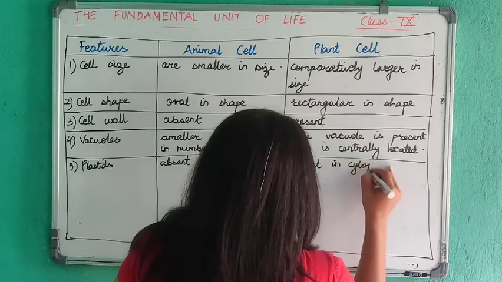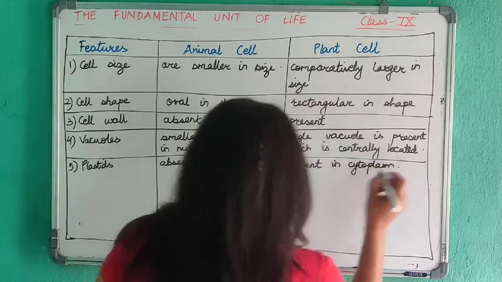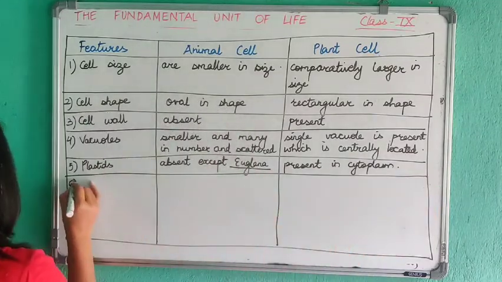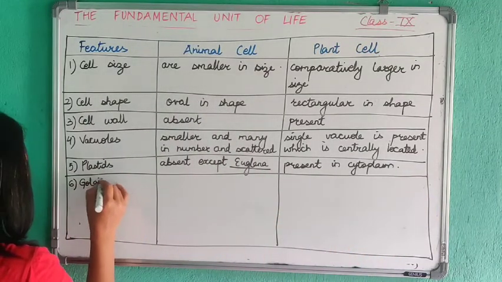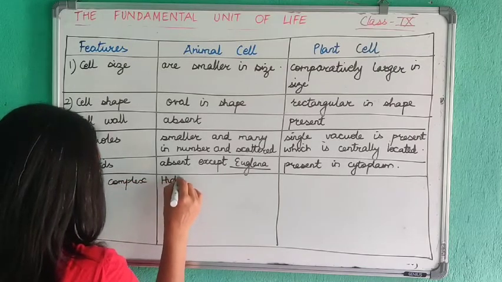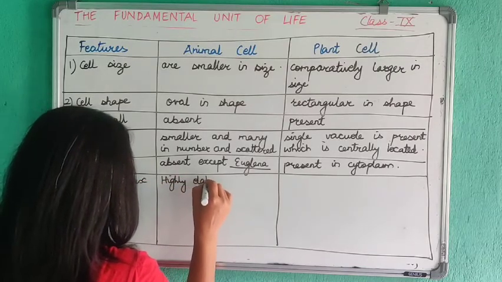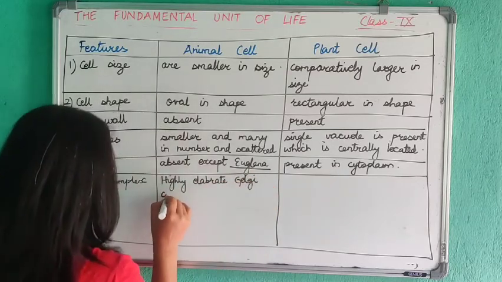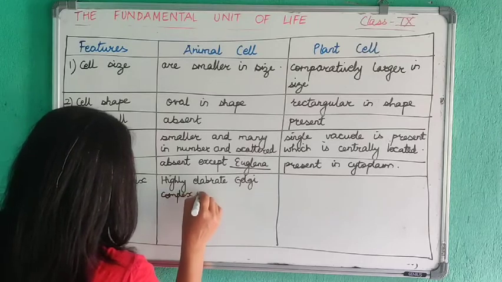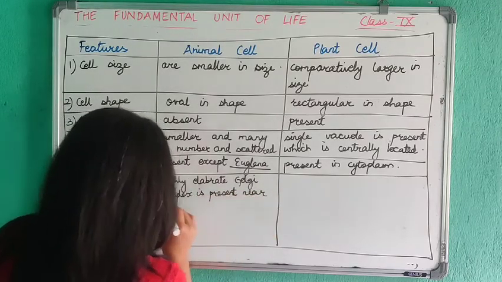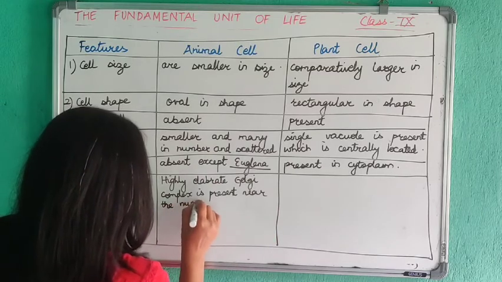Next difference is about Golgi bodies, the Golgi complex. In animal cells, a highly elaborate, very complex Golgi complex is present near the nucleus. Where is the Golgi complex present? Near the nucleus.